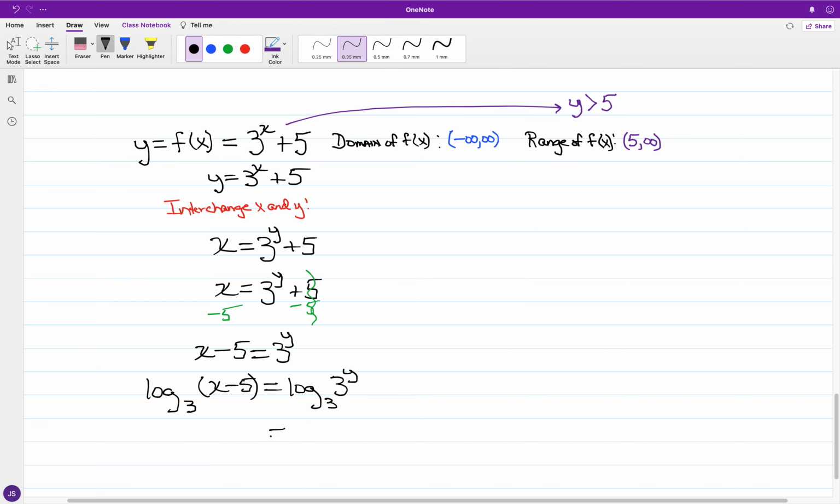So we're going to have the base 3 logarithm of x minus 5 is equal to y.